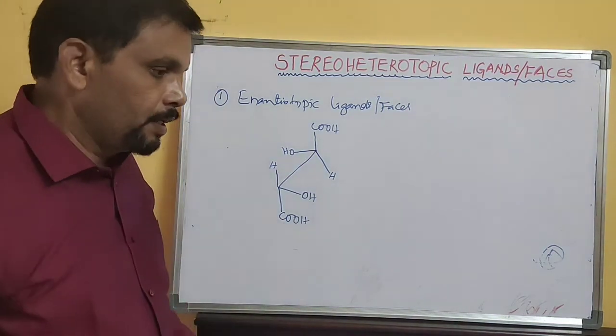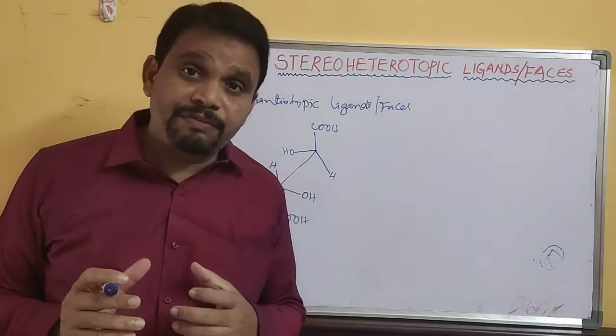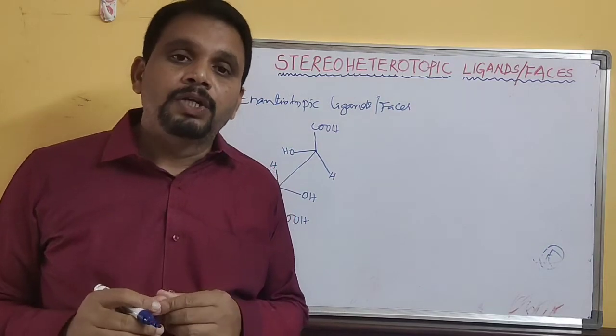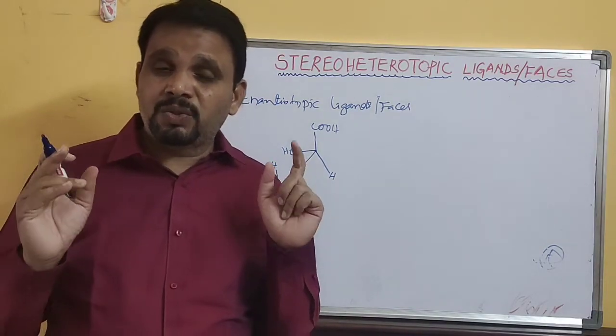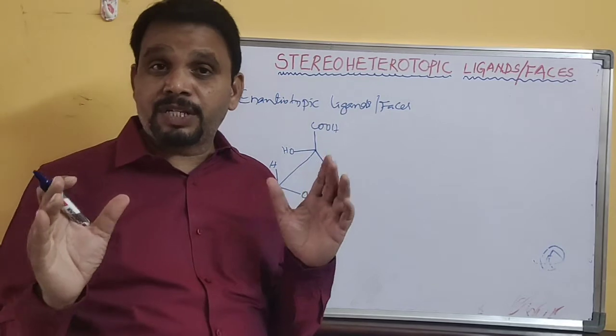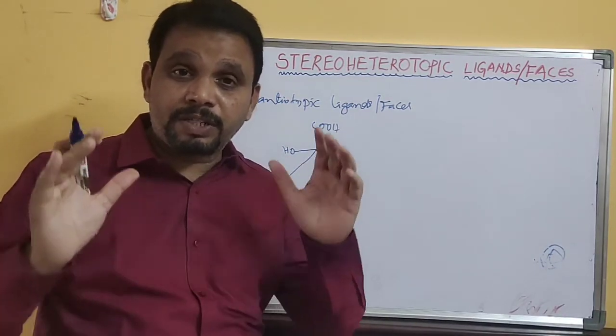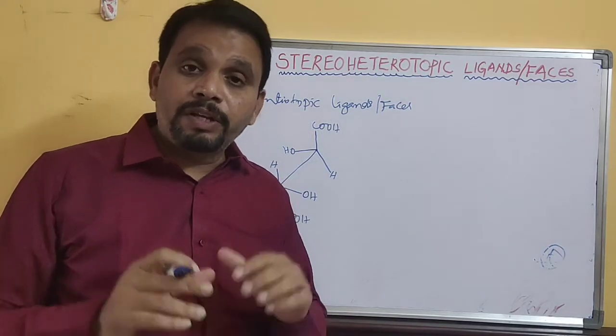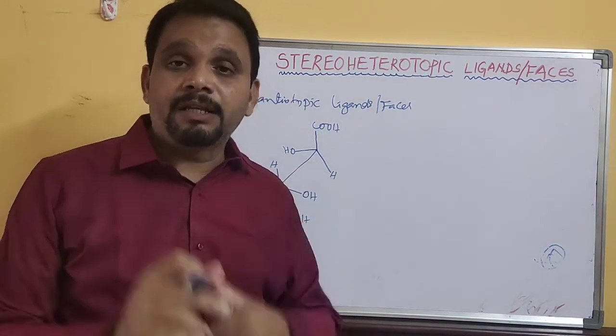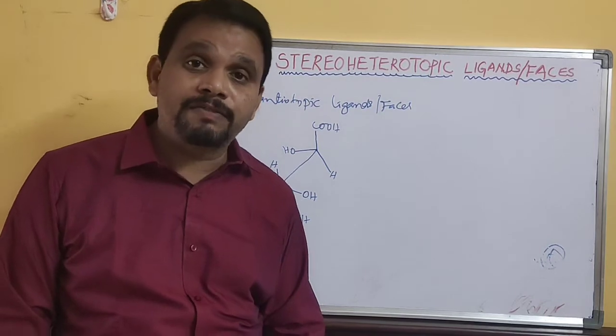If you want to identify the center of symmetry, you can connect the two groups which are the same in the molecule. If you connect two groups which are the same, and there is a center, then it can be considered as a center of symmetry.